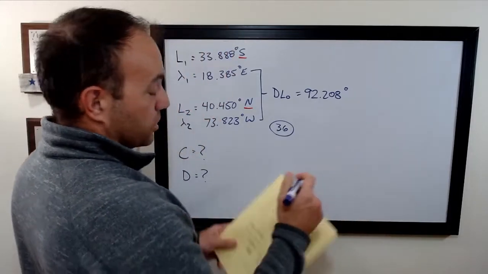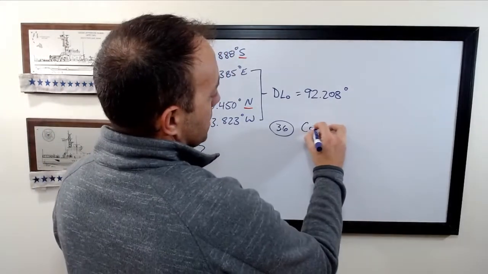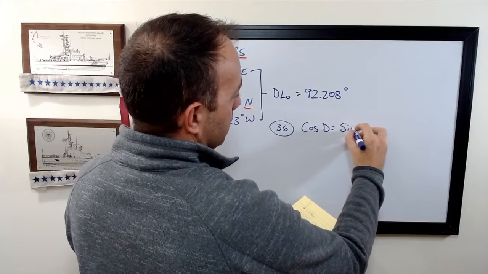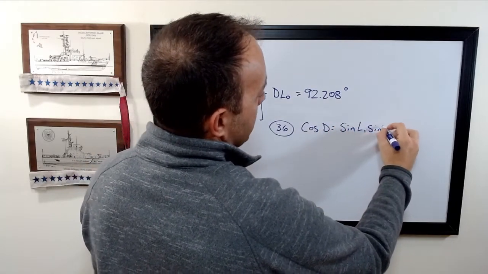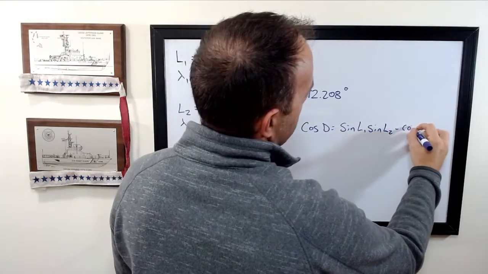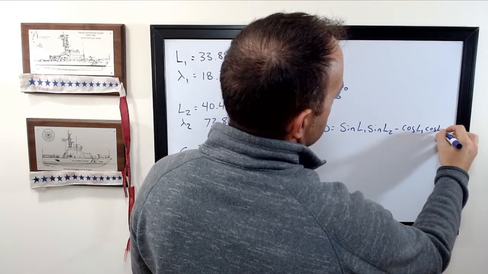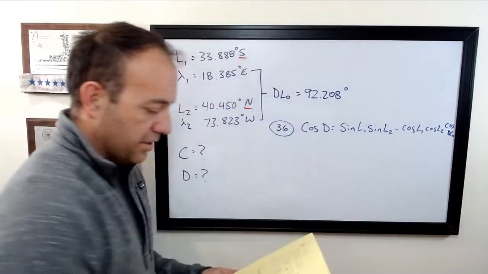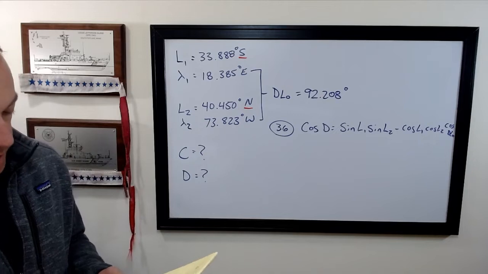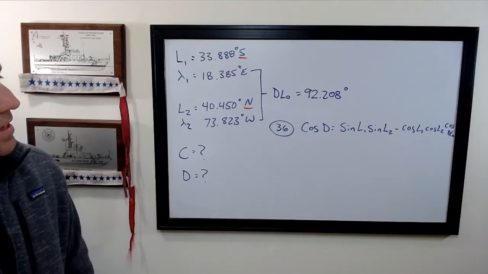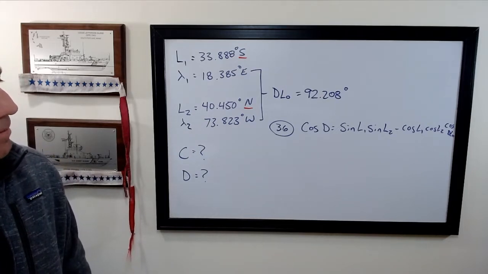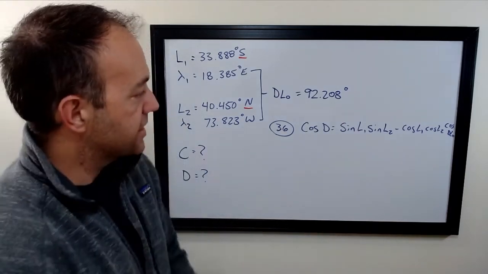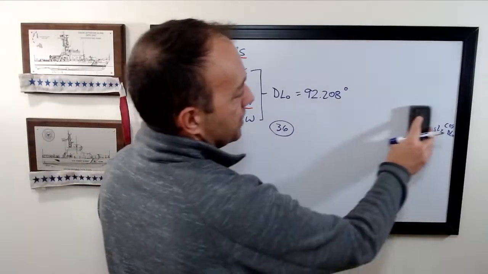And the formula for this one, it's kind of long, sorry, but the cosine of the distance is going to be equal to the sine of latitude 1 and sine of latitude 2 minus the cosine of latitude 1, cosine latitude 2, and then cosine of the d-long. So these numbers all get put into the formula, right? And I'm just going to try and save some space. So it's formula 36. You can put that in there.